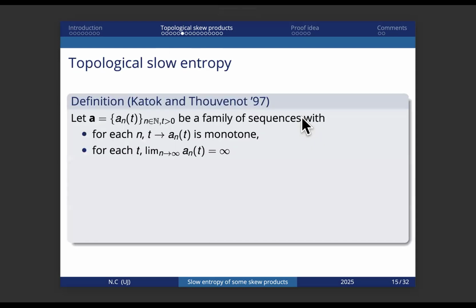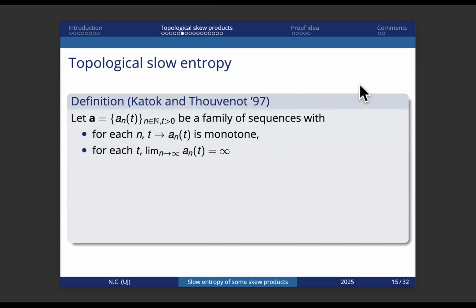And now I will define topological slow entropy, which, as I mentioned, is an invariant and that was introduced by Katok and Thouvenot. And it was introduced for measure preserving systems, but the definition adapts directly to continuous systems.